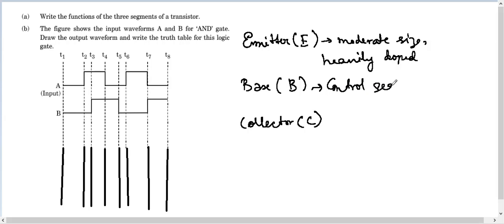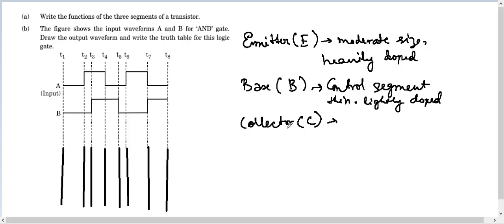It is the control segment and it is very thin and lightly doped. So basically it just kind of acts as a connection between the emitter and the collector. Talking about collector, it is the segment that collects major portion of the majority charge carriers by the emitter.